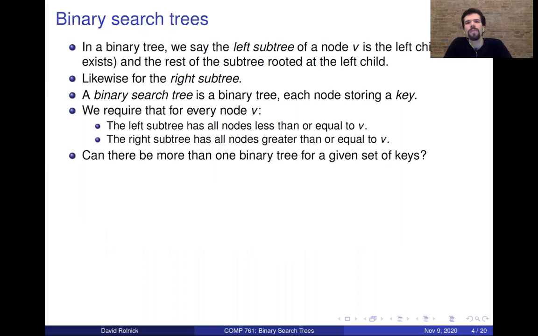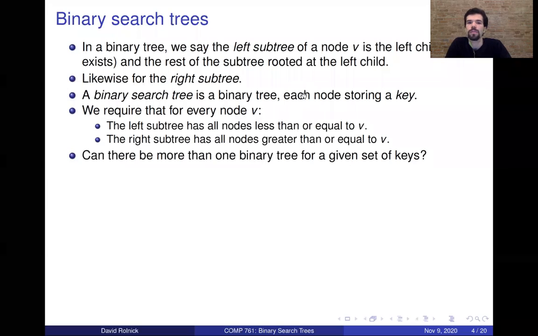Can there be more than one binary search tree for a given set of keys?